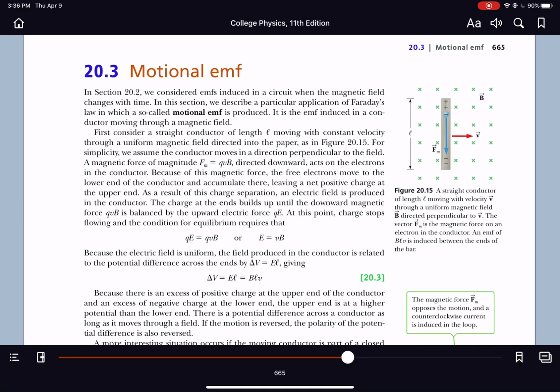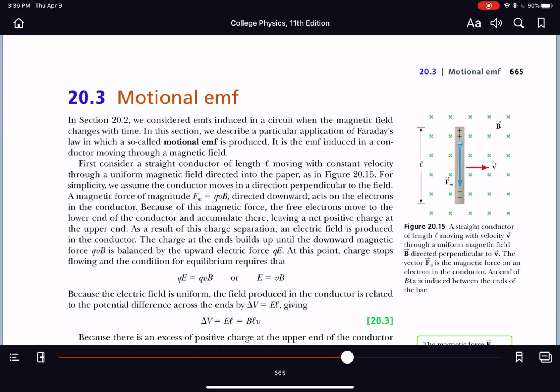Now, if we look at the picture in the upper right, you'll notice a bunch of green X's. These green X's represent a magnetic field. Do you remember which way that magnetic field evidently must be going? Hopefully you said into the page, because it looks like the back end of an arrow. We also have a wire represented by the skinny gray rectangle, and that will be our conducting material.